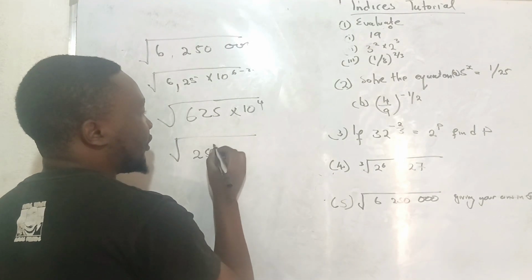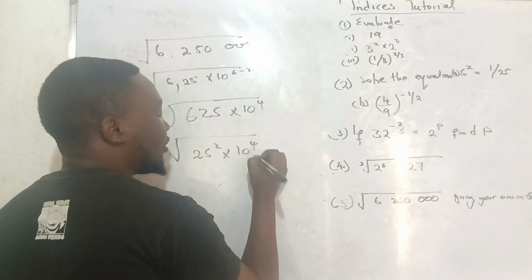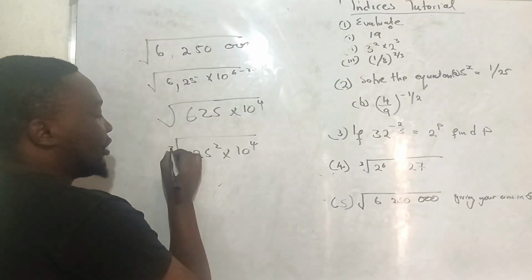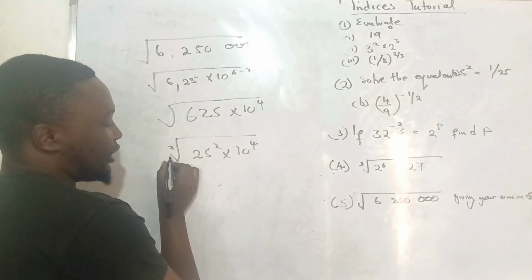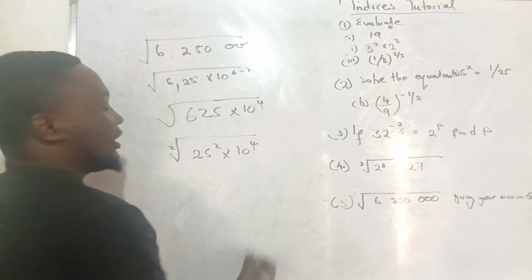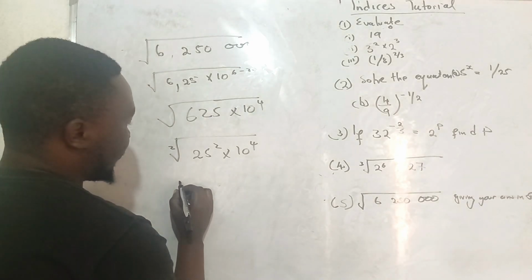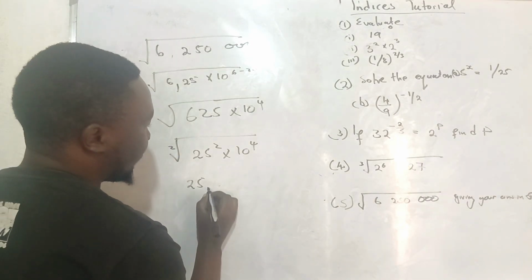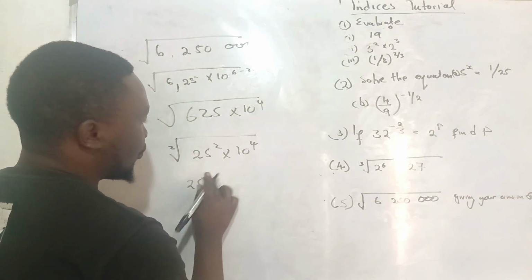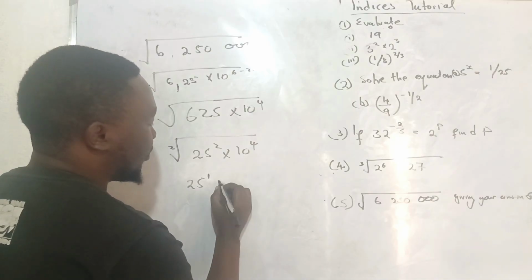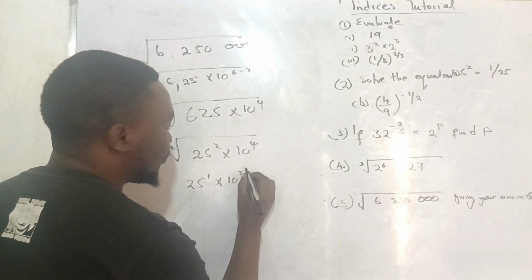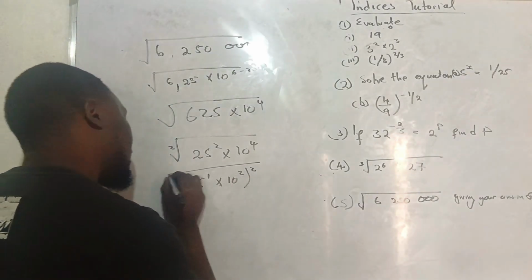So you have 25 squared multiplied by 10 to the power 4. So here, if that's a square root, that's 2, right? Remember that fractional index. So we remove 2 units: 25 to the power 1, multiplied by 10 to the power 4 over 2.